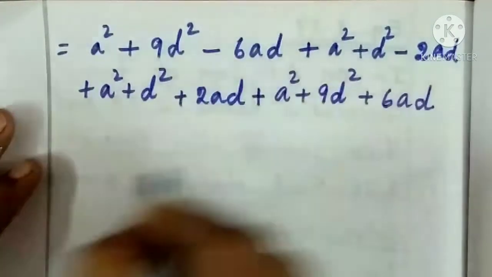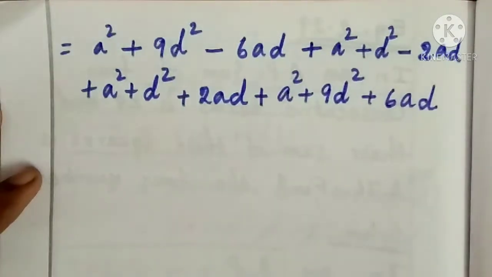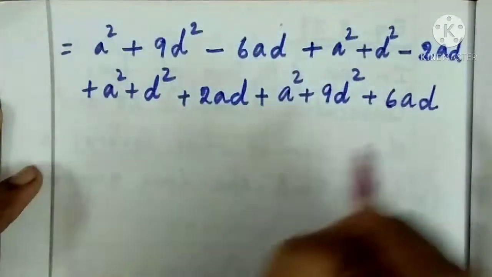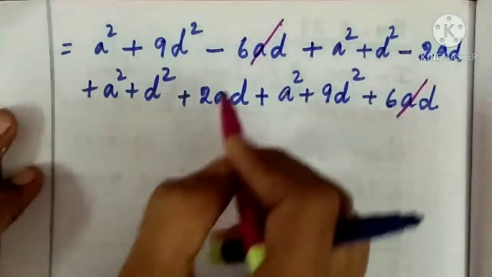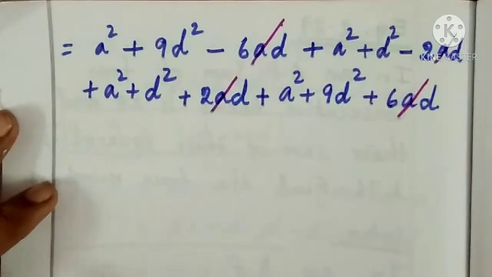Here you have to simplify the like terms, that is plus 6ad minus 6ad, then plus 2ad minus 2ad cancel.